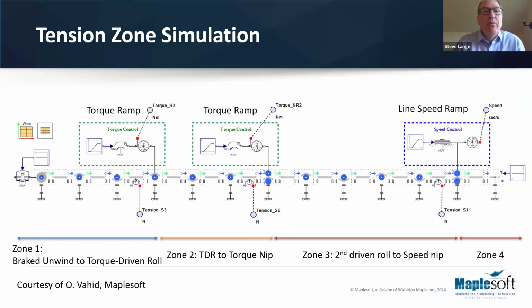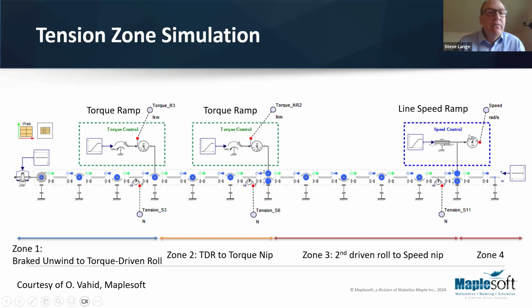So for our final example, we have put it all together here with a more complicated web path where we've got basically 4 different zones. We have a torque controlled roller, roller 3 here. We have a torque controlled nip here, and we have a nip that is speed controlled here.